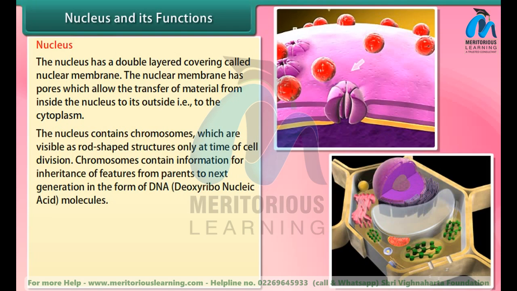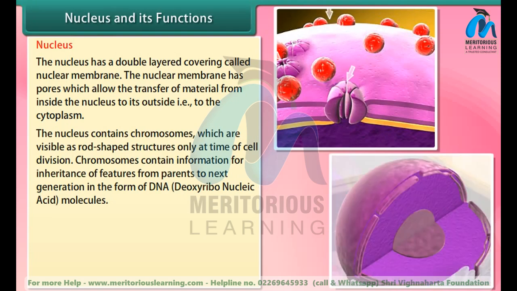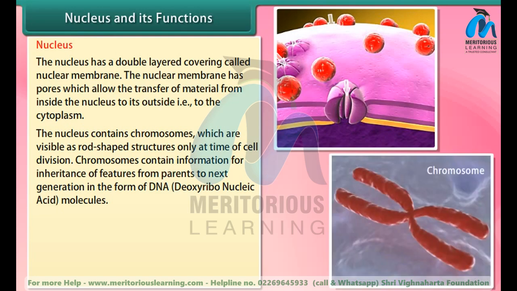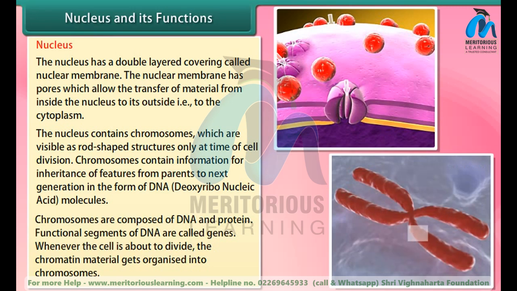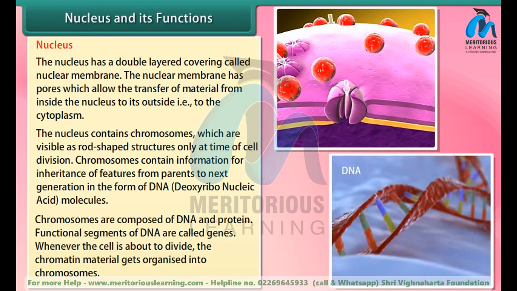The nucleus contains chromosomes, which are visible as rod-shaped structures only at time of cell division. Chromosomes contain information for inheritance of features from parents to the next generation in the form of DNA, deoxyribonucleic acid molecules. Chromosomes are composed of DNA and protein. Functional segments of DNA are called genes.